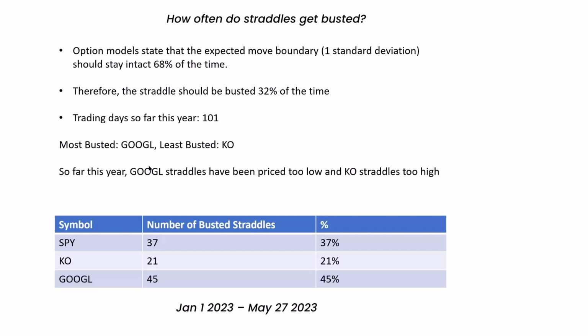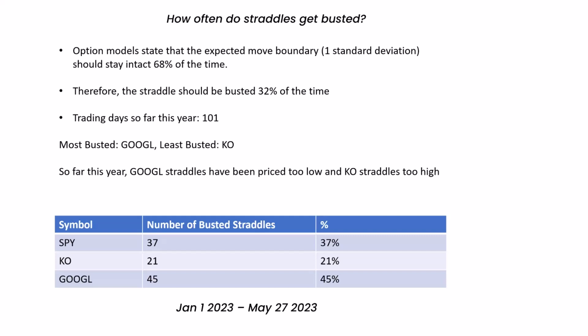So that implies if a straddle is busted more than 32% of the time, it implies that the straddle is not priced correctly. It's underpriced. It's an advantage for the buyer of the straddle. It's an advantage for retail traders. If the straddle stays within the boundary and the professional traders who are selling the straddles are making money, then the straddle is overpriced.